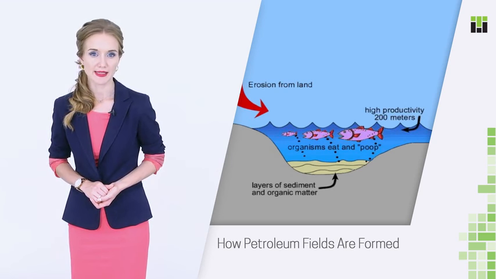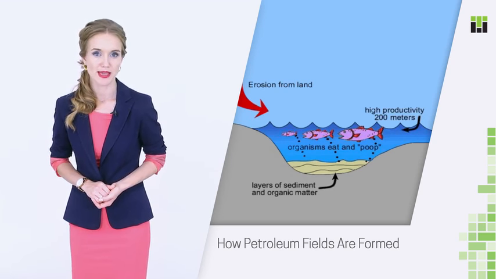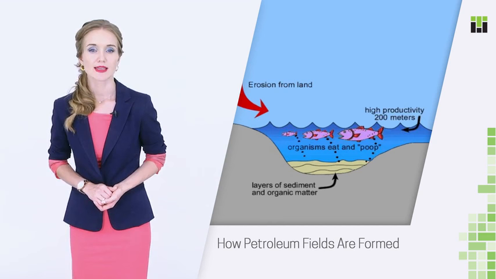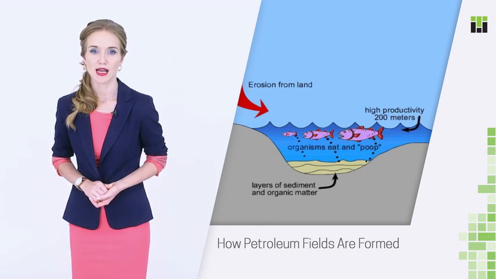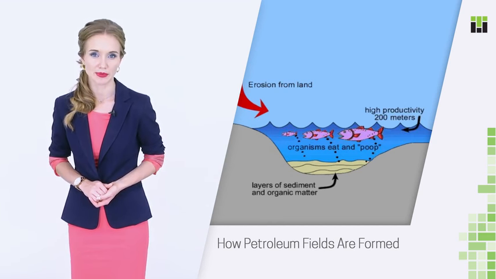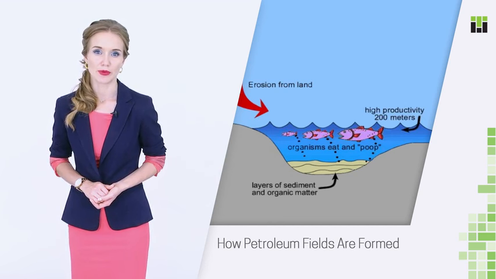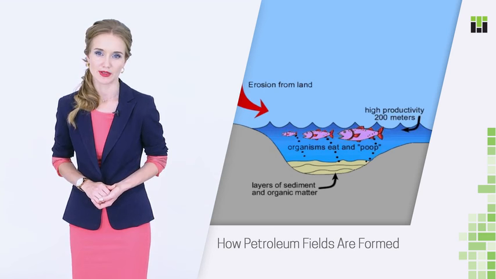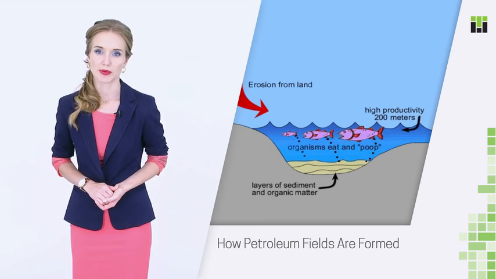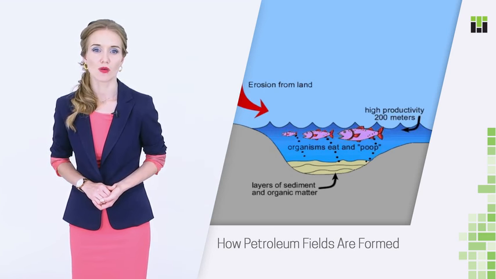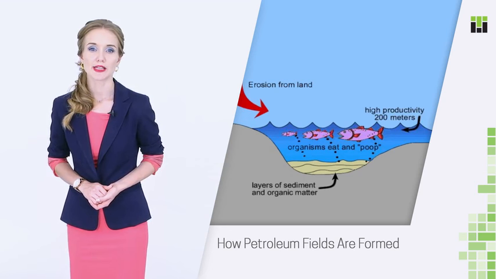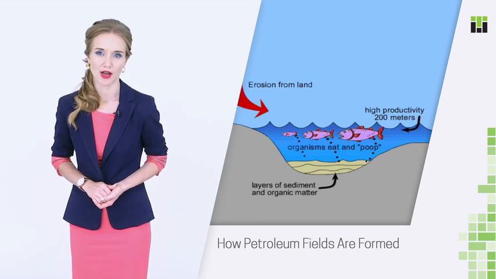As time was passing, and you do remember that it makes millions of years, these accumulations were subsiding deeper and deeper, and the deeper they sank, the higher pressure and temperature they had to bear. Due to biochemical processes that happened in absence of oxygen, organic matter was turning into hydrocarbons.